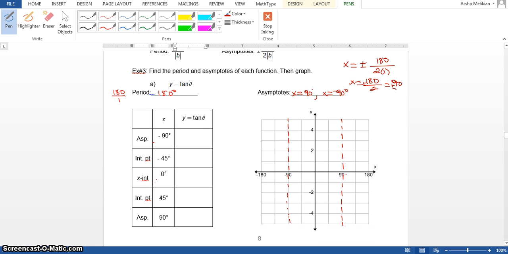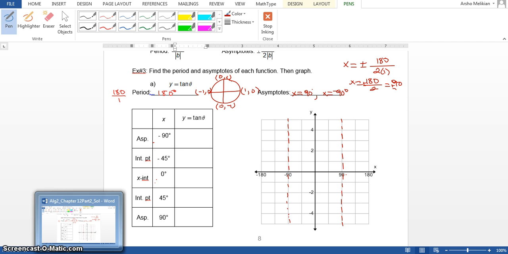All right, so let's plug in our values. So again, we're going to use that unit circle. So you have, what's the coordinate here? 1, 0. 1 and 0, negative 1 and 0, 0 and 1, 0 and negative 1. Now remember, tangent this time is y divided by x. The y coordinate divided by the x coordinate.